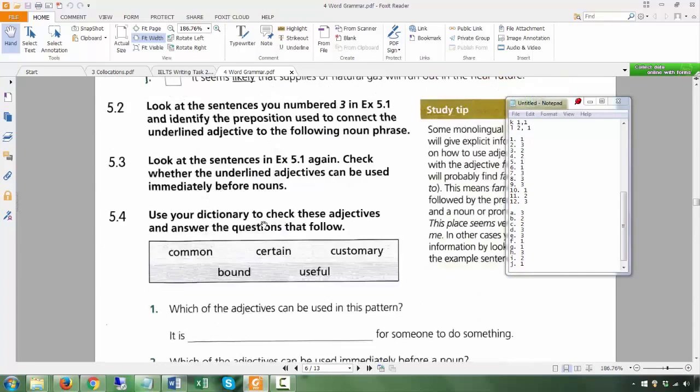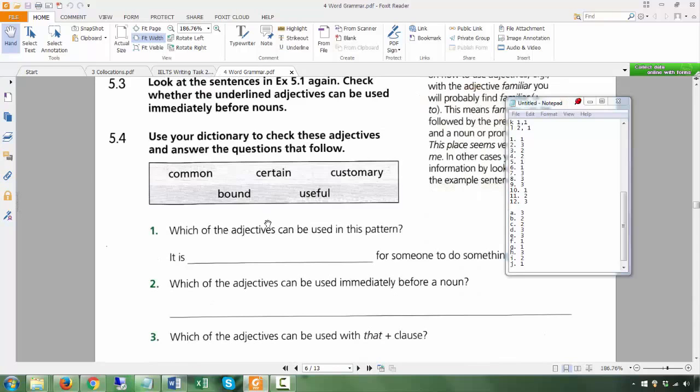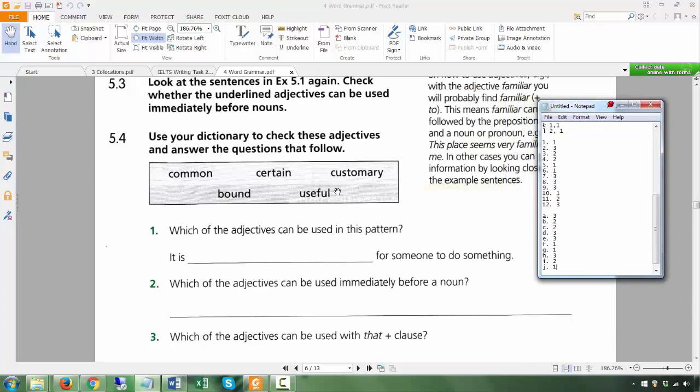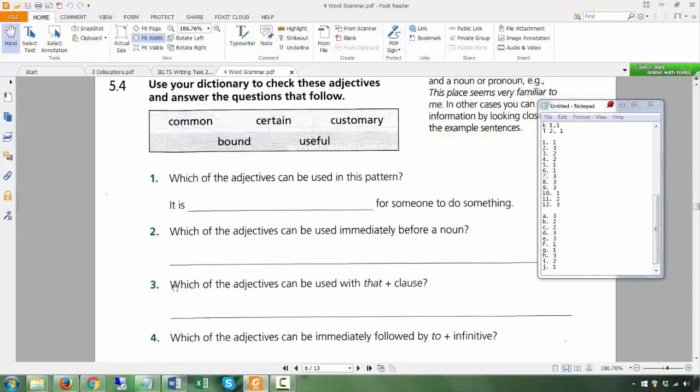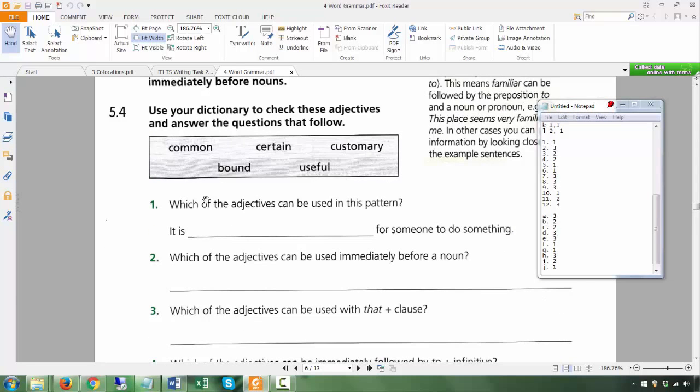And if you go, this is the last section on adjectives, and you have 5 adjectives here, and you have 4 questions. Now, this first question, which of the adjectives can be used in this pattern? It is what for someone to do something. Now, this is a very common adjective pattern, okay? It is easy for someone to do something. It is possible for someone to do something.